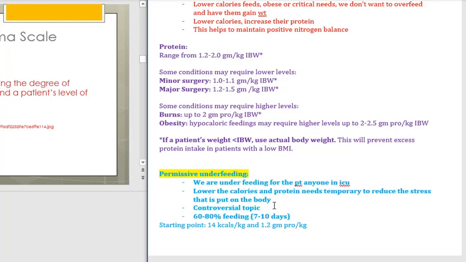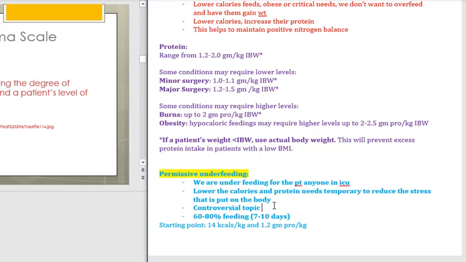Usually when someone comes in and they're in the ICU, they're going for so many tests, they're being removed from the room, and if you think about feeding, the feeding tube is connected to the patient. If they're going for tests, if they're going for different procedures, if they're always leaving the room, they have to turn the feeding off. So essentially, there's some thought that you don't have to intentionally permissively underfeed because those first few days in the ICU, it happens by chance because they're not usually in the room to get their full amount. Okay?